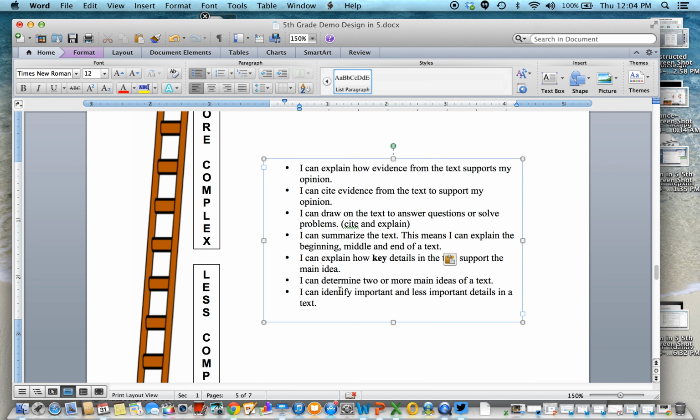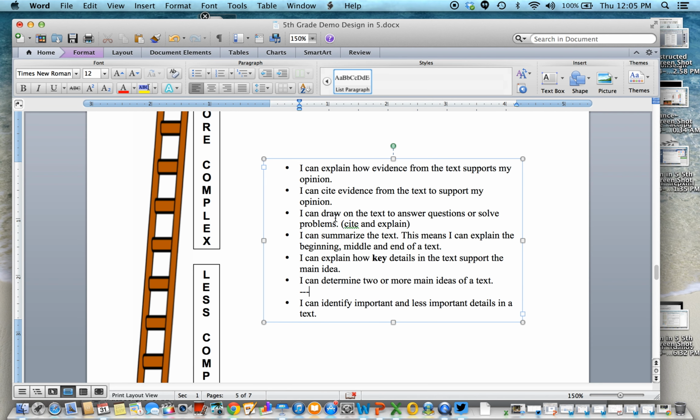So what I've torn apart here, or teased out, is we have a few prerequisites, or one at this moment. I can identify important and less important details. I can determine two or more main ideas of a text. I can explain how the key ideas support the main idea. And I can summarize.